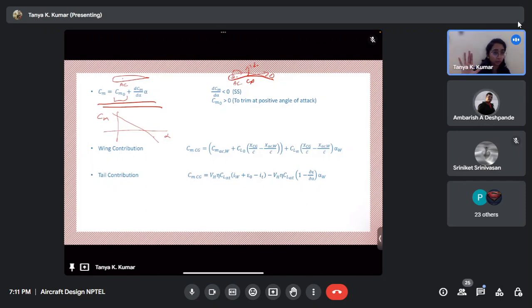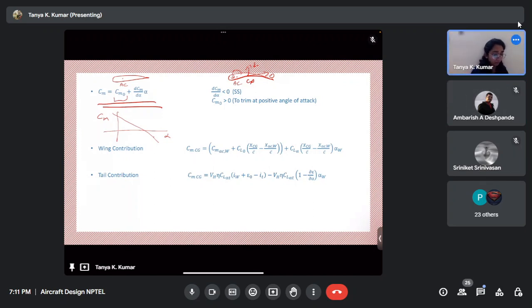Cm naught should be positive. Not should be, it's preferred to be positive. Yes, Cm alpha should be more negative. Yes, correct. That will be more statically stable.